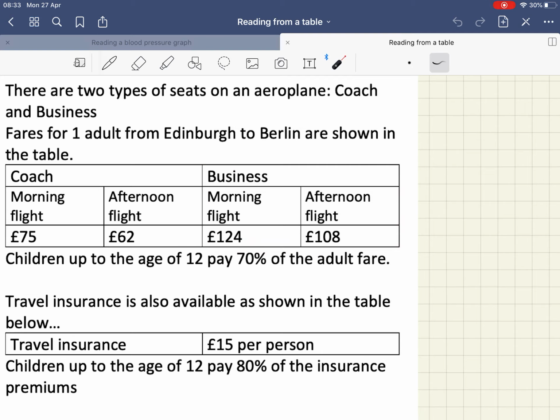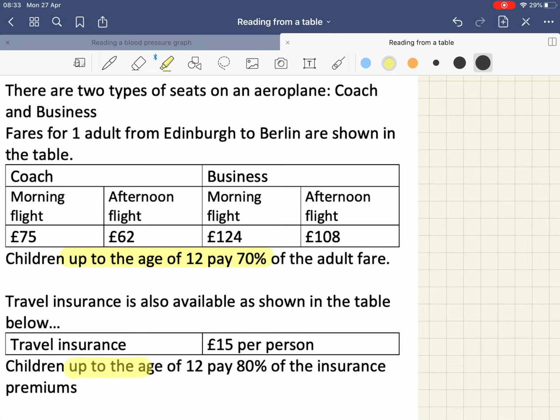Children up to the age of 12 pay 70% of the adult fare. And the moment I read that, before I even get to the rest, I think that's an important piece of information, so I'm just going to highlight that so I don't lose it. Traveller insurance is also available as shown in the table below, and children up to the age of 12 pay 80%.